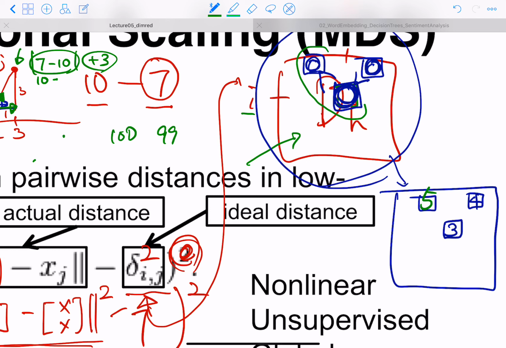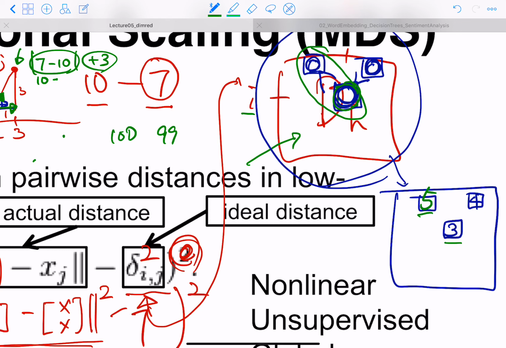Then we violate this inequality, right? Because this one is greater than this one, and that is the inequality we gave to run this algorithm. Currently 5 and 3 definitely violate this constraint, right? So we only identify those pairs that violate our given inequality.